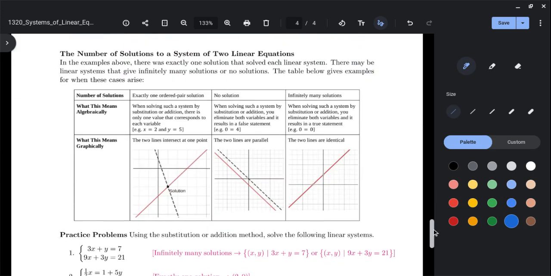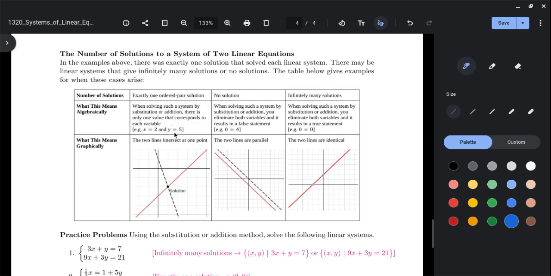The last thing that I want to talk about is our different possible solution combinations. So here I have created a table. We have only seen in those two examples when we get one solution for our system. But there are cases in which we can have no solution or infinitely many solutions.